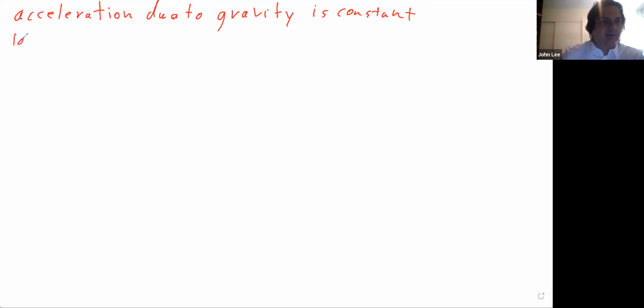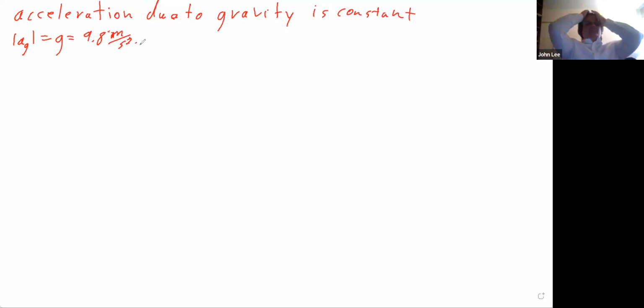The value of acceleration from gravity is called g, and it's going to have a value of 9.8 meters per second squared. We've been talking about that in lab, but we've never brought it up in lecture, and we're going to actually get to what that means.